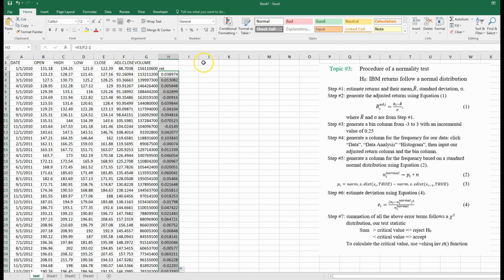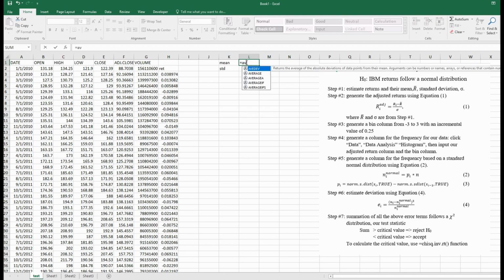Then we calculate mean and standard deviation. So mean will be the average of H column. We copy and paste.